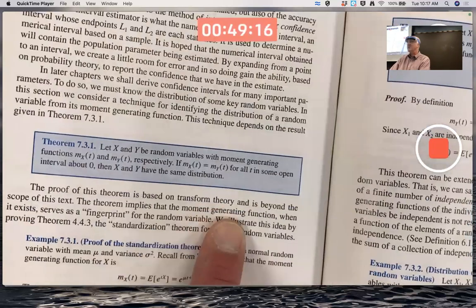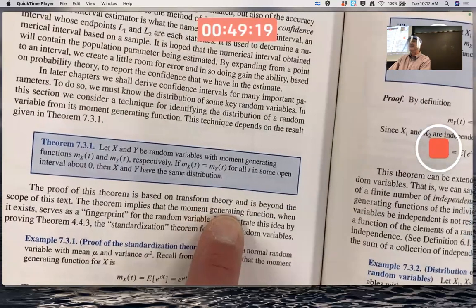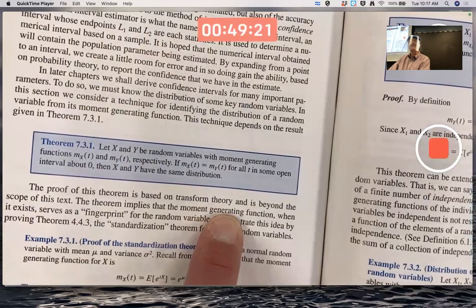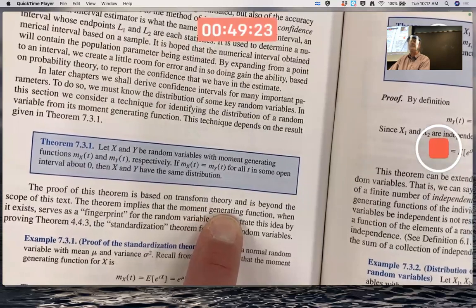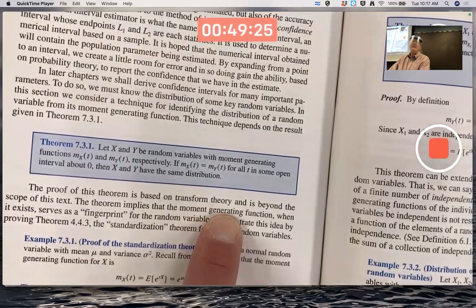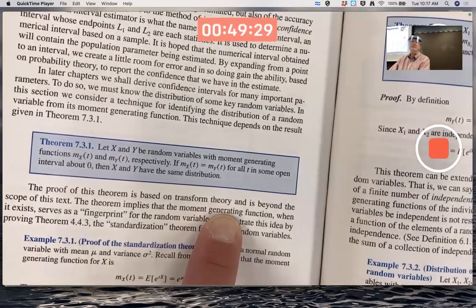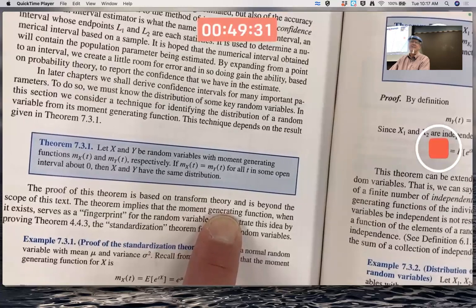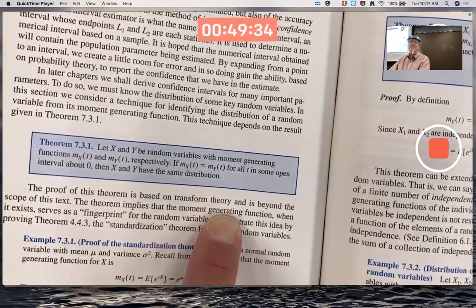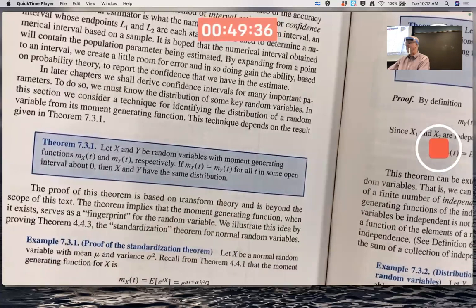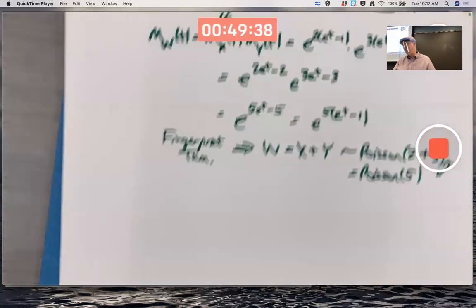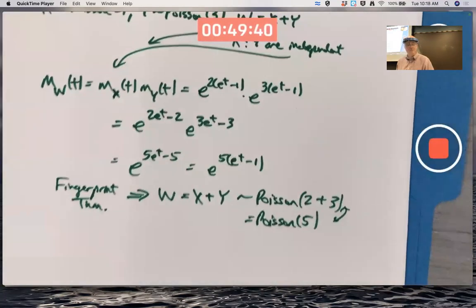Even just saying transform theory sounds scary, right? It's related to things like Laplace transforms and Fourier transforms. Essentially, the moment generating function is related to transforms, but I won't go into detail. We're happy to use the theorems without proving them.